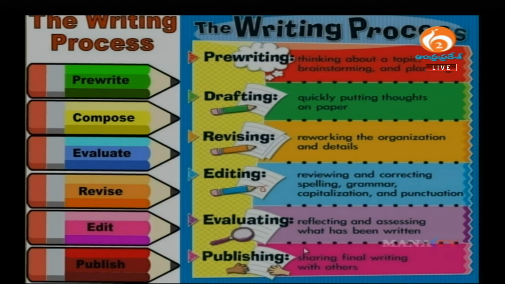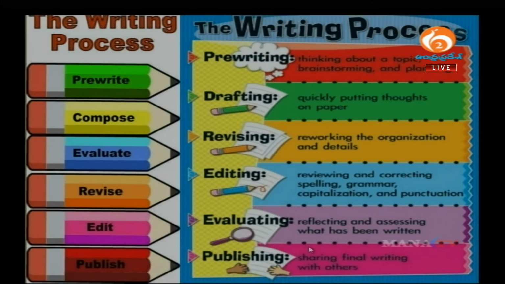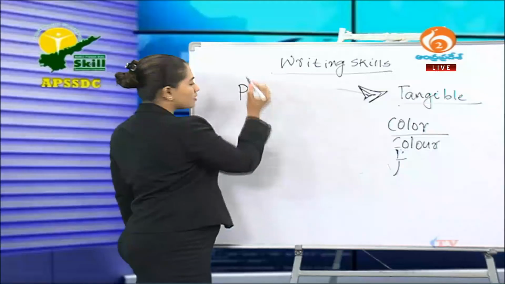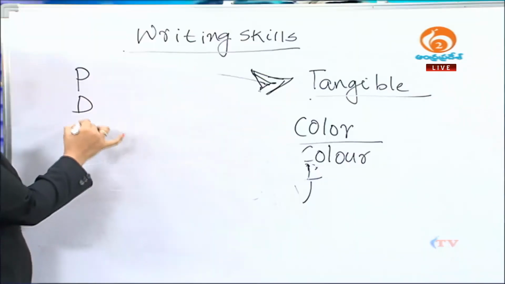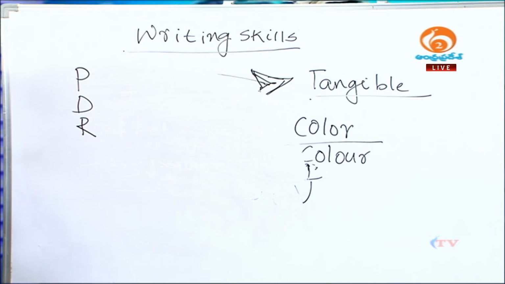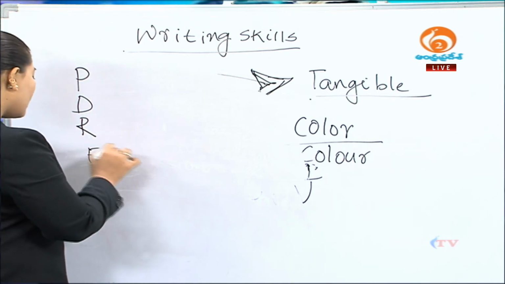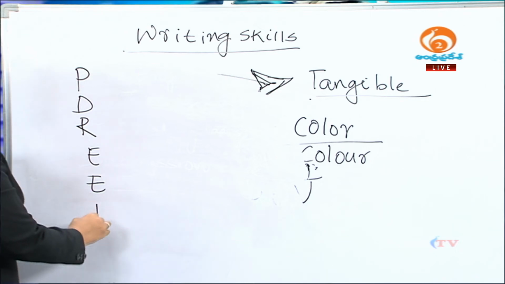So let's remember all this with the help of an acronym. What's happening? We have pre-write, then we have draft, then we revise, and then we edit, we evaluate, and then we publish.